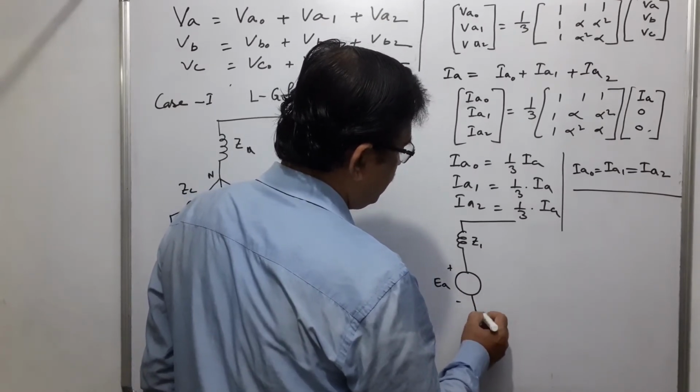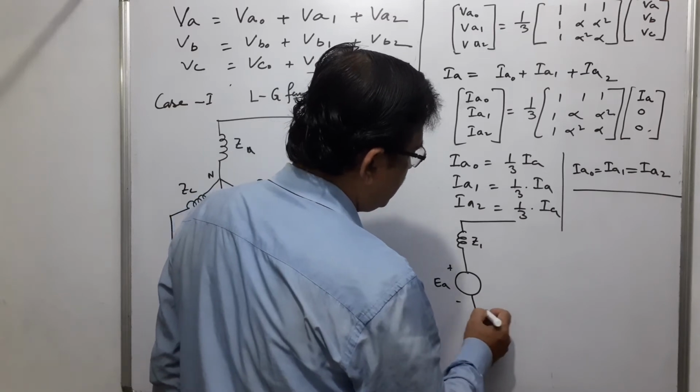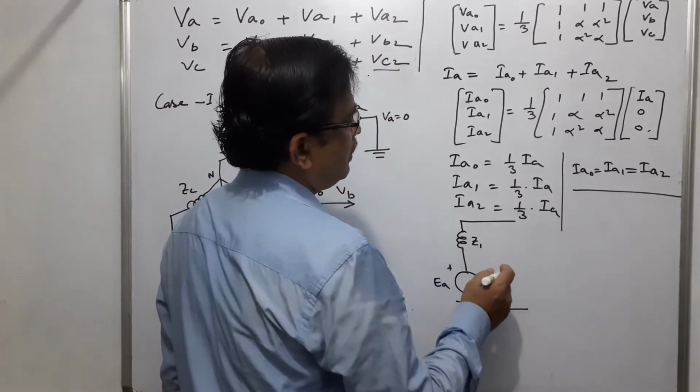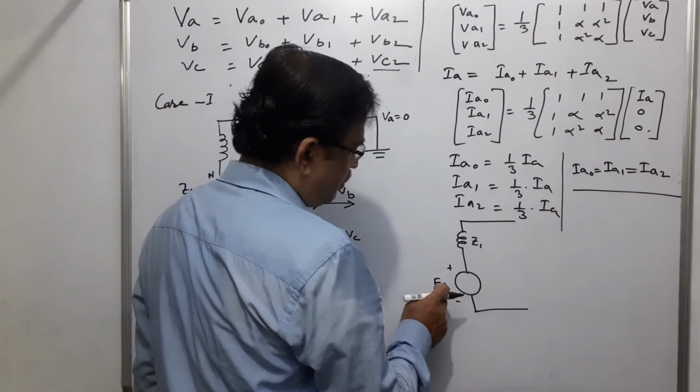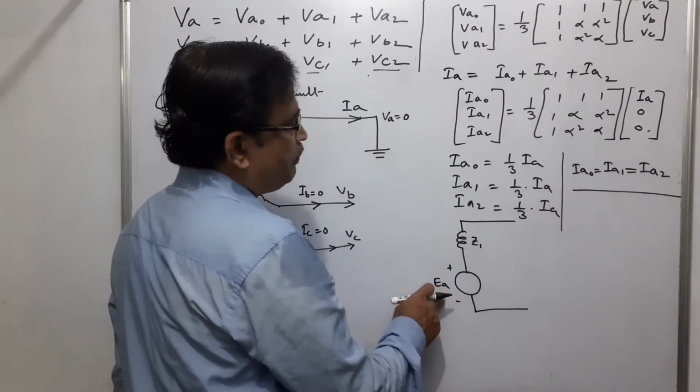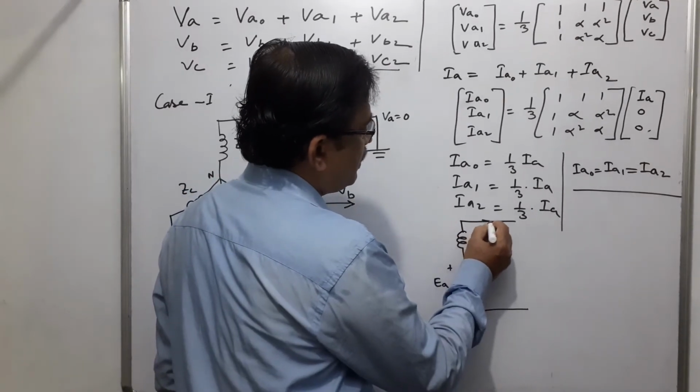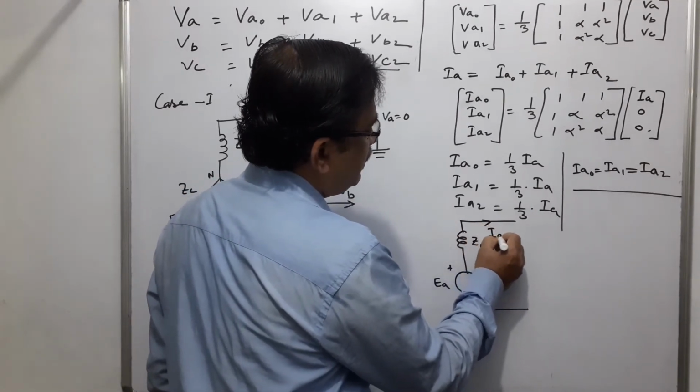Positive sequence voltage, the positive sequence generated EMF, and obviously the positive sequence current. What is IA1?